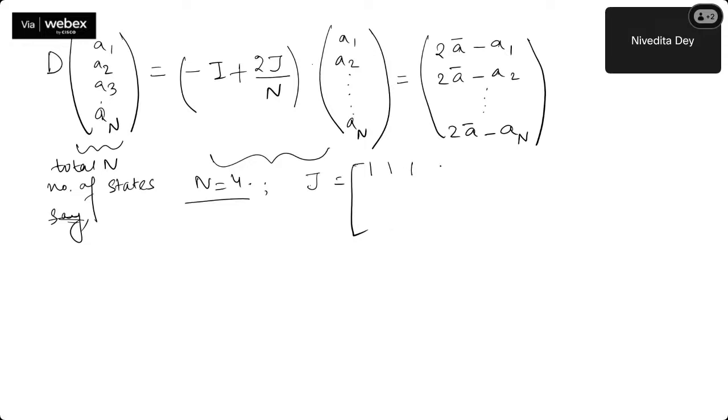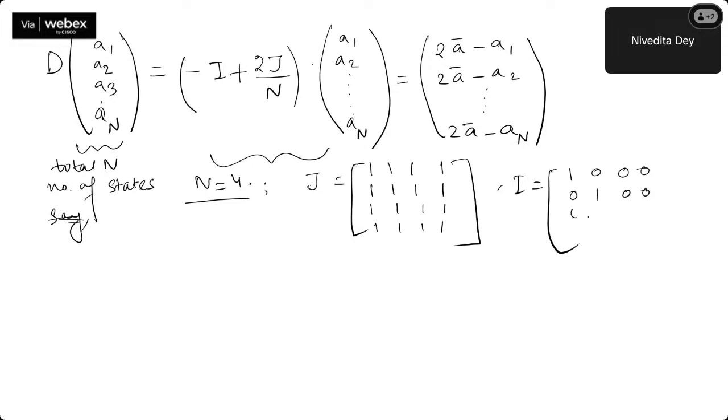So it's all 1. 1, 2, 3, 4. 1, 2, 3, 4. 1, 2, 3, and 4. What will be your I? It's a simple identity matrix. 1, 0, 0, 0, 0, 1, 0, 0, 0, 0, 1, 0, 0, 0, 0, 1. And N is your 4. Definitely.